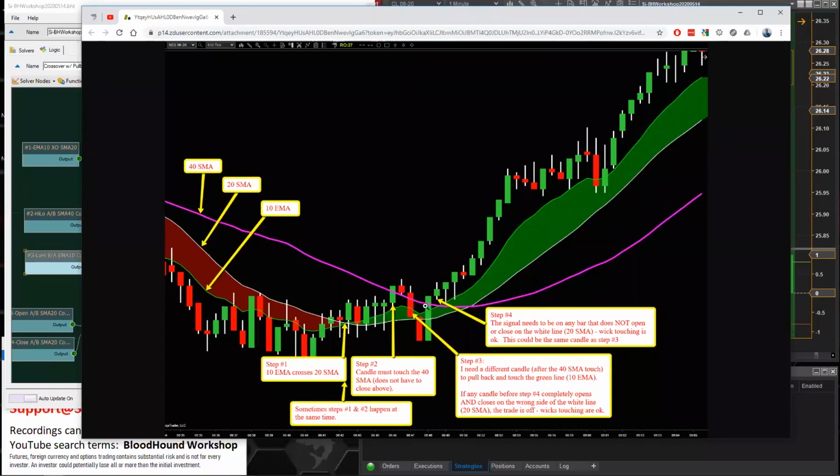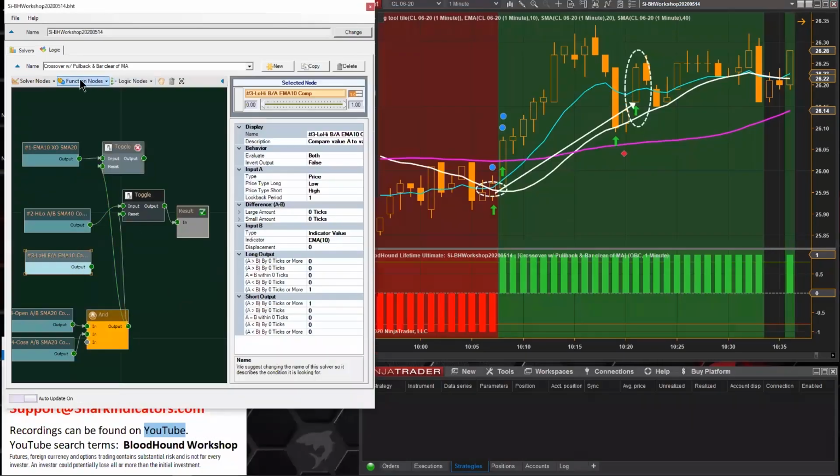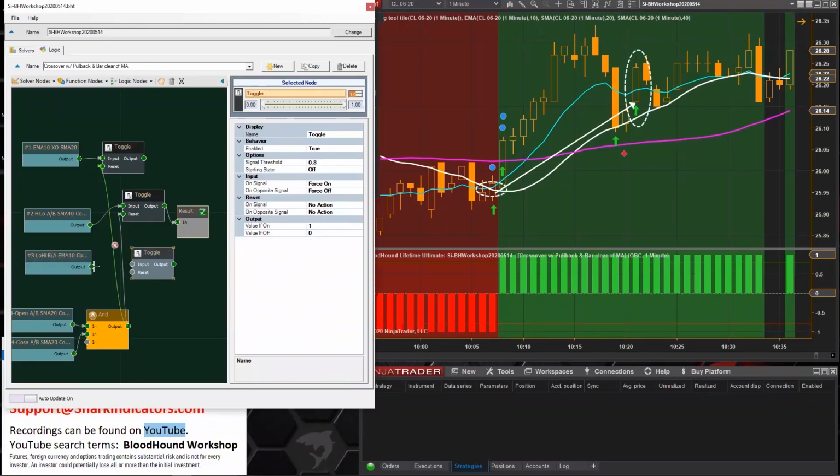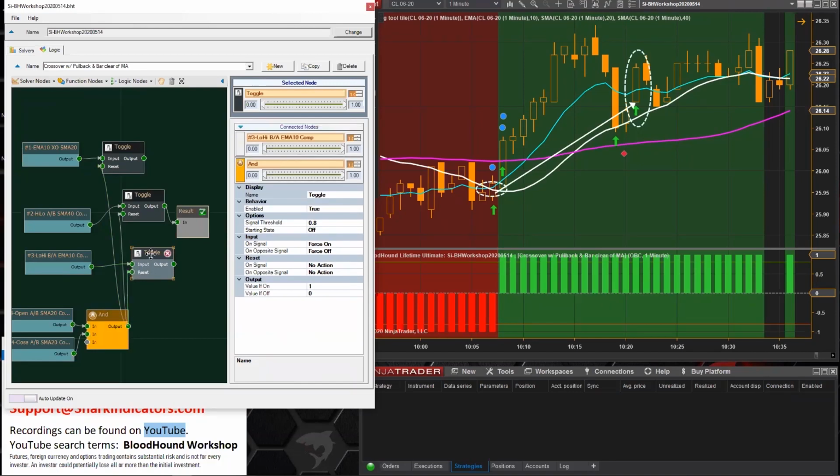A bar or 2 as well. So let's grab another toggle node and we'll connect that in and take our disqualifier, connect that into the toggle node. And again, for the resets, we'll take the opposite signal and use that to force the toggle node off. There.